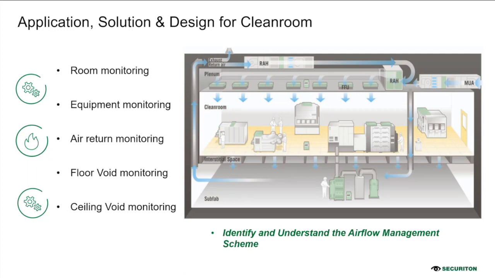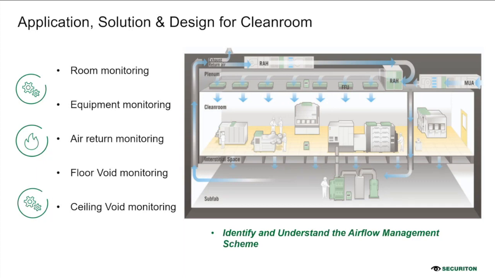As you can see, the MUA on your left, which is the air coming in, is actually the make-up air unit, which goes into the FFU, which is the fan filter unit, goes down towards the RAH, which is the return air handling unit. So it goes into the clean room for working, and it goes to the sub-fab or the sub-clean room and back to the RAH return.